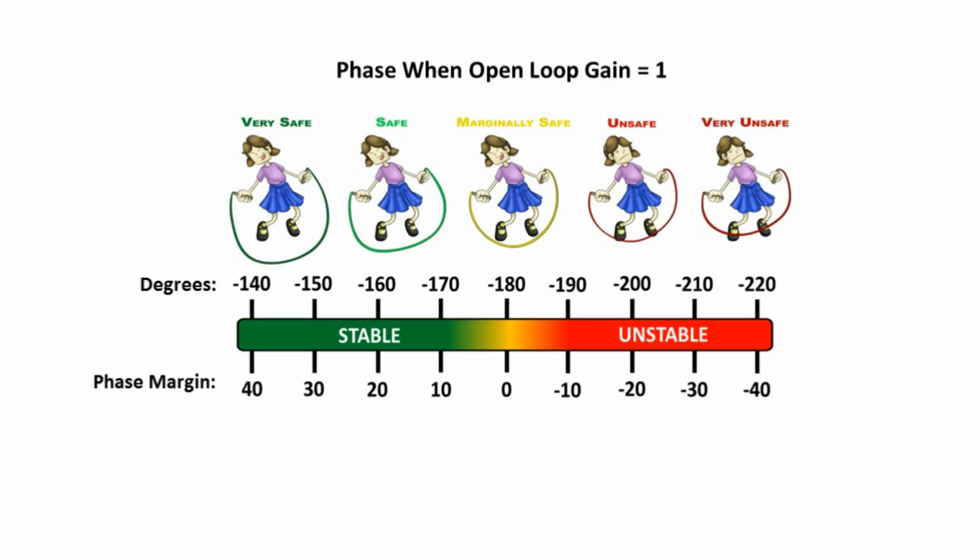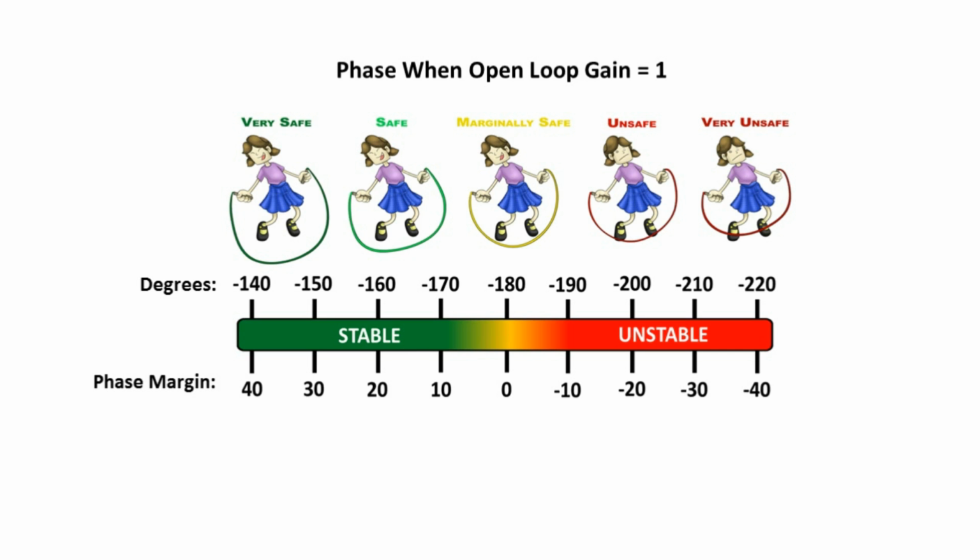We can also measure how close we are to instability. It's called phase margin and gain margin. Phase margin tells you how far you are from the point of instability. In control systems, it's negative 180 degrees. So the farther away you are from negative 180, the better. What does it mean farther away?